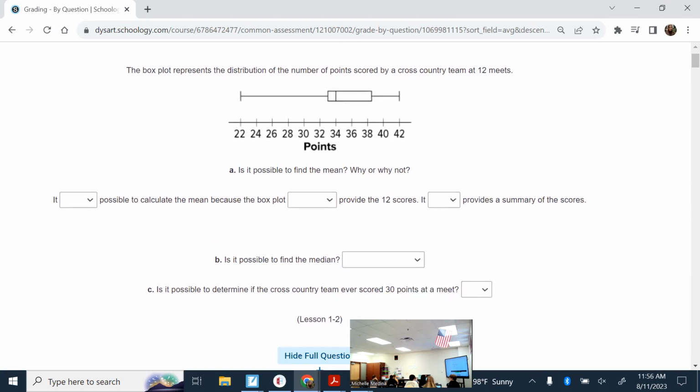All right, but this one, the box plot represents the distribution of the number of points scored by a cross-country team at 12 meets. And you have to fill out some drop downs. So it says, is it possible to find the mean? Mean is your average. To find your average, how do you do that?